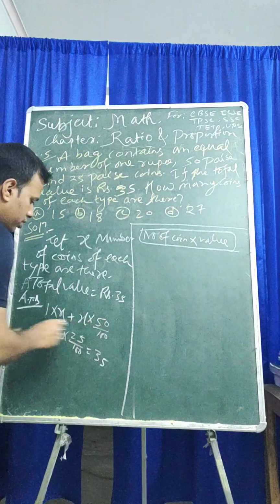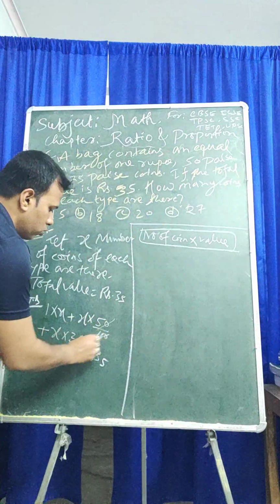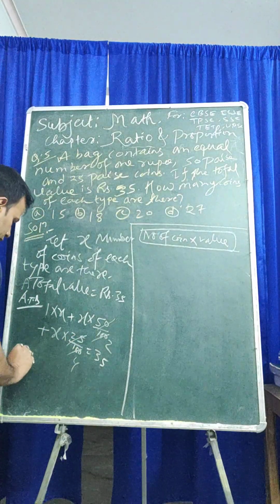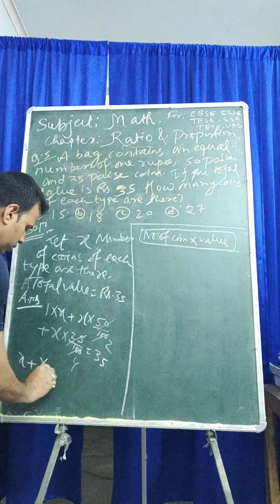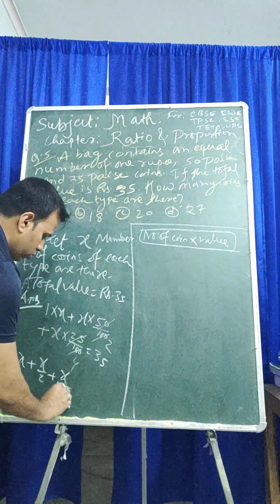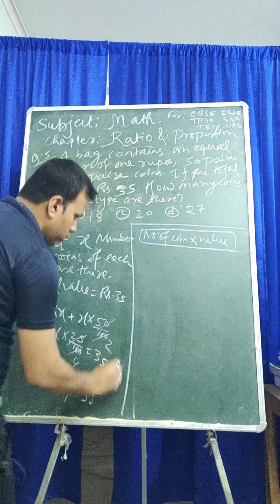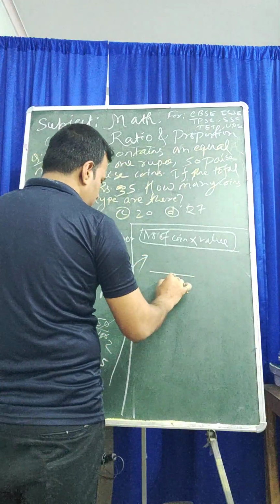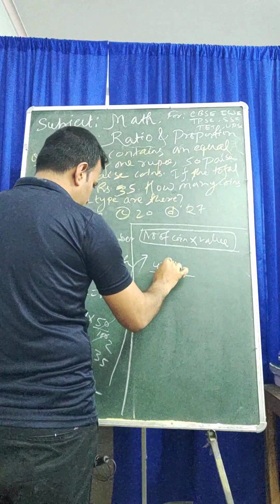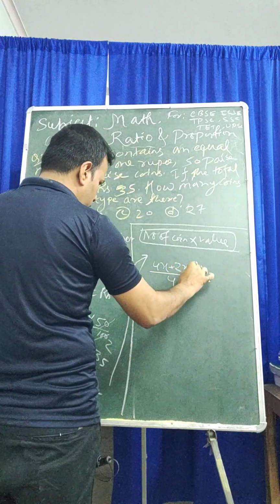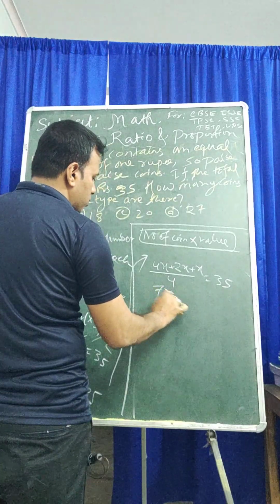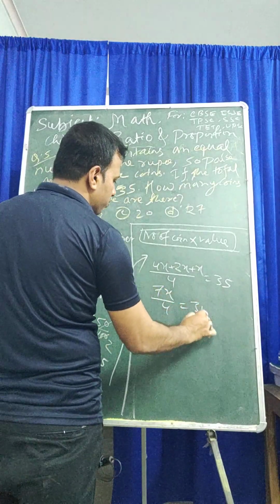So if you cut this one, it will be what? It will be 2, and here it will be 4. So x plus x by 2 plus x by 4 is equal to 35. Now come here, the LCM will be 4, so 4x plus 2x plus x is equal to 35, that is 7x is equal to 35.